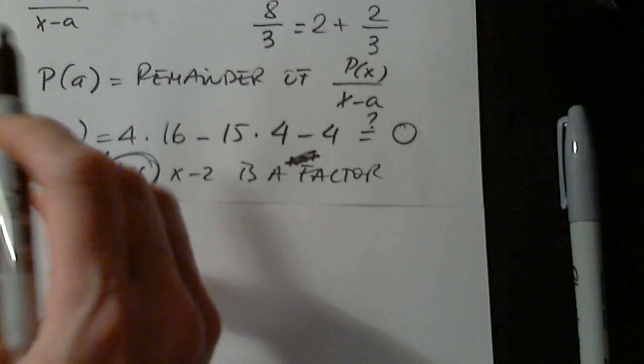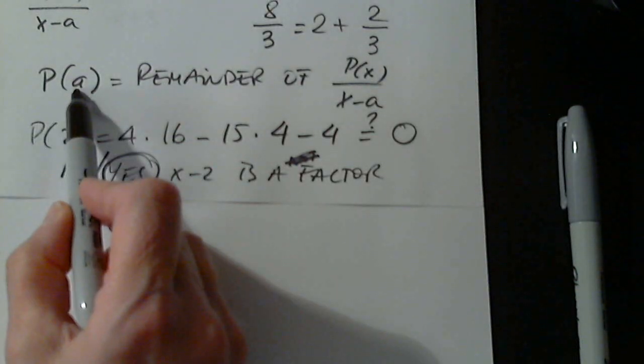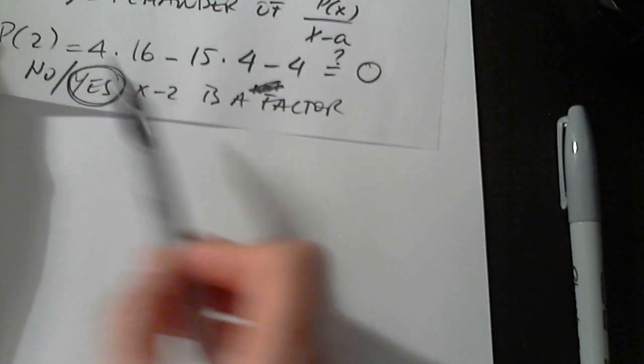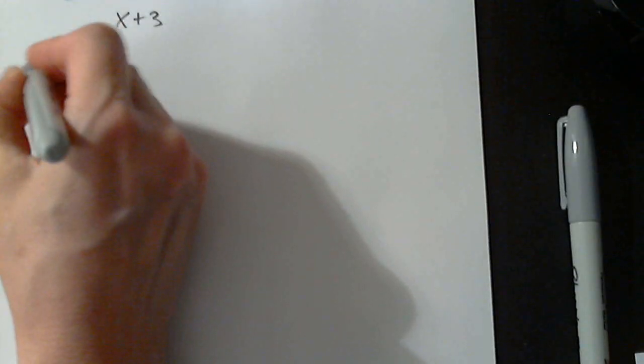Would you plug in 3? So when we had x minus 2, we plugged in 2. This time, in this polynomial, p of x, what are we going to plug in? -3? Yes, indeed, -3.